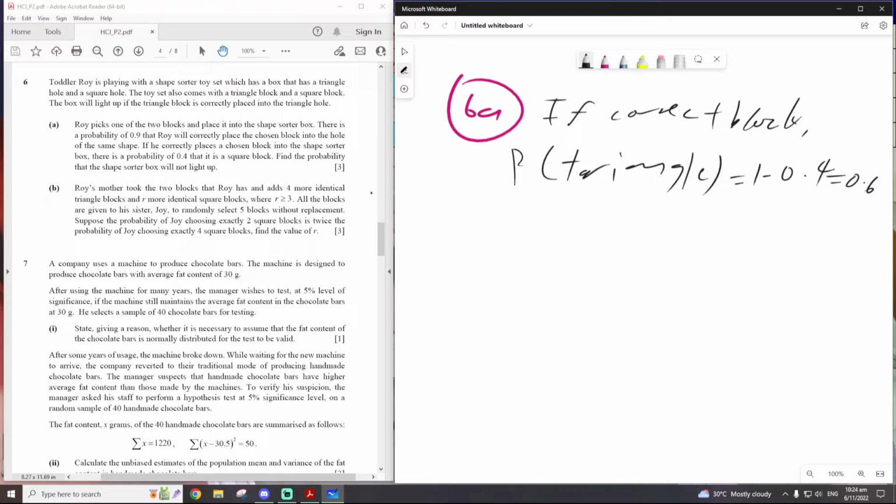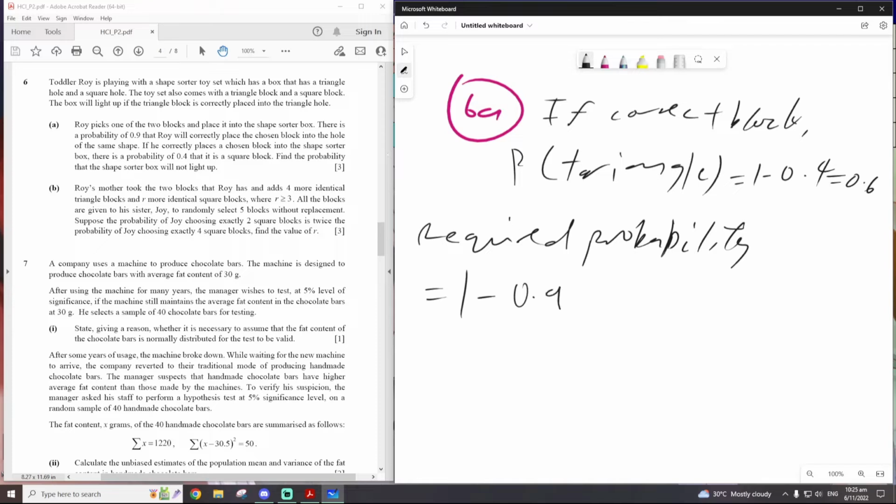So the required probability uses the complement method: 1 minus the probability that you do actually use a triangle, so 1 minus 0.9 times 0.6. This is 0.46, because 0.9 times 0.6 is 0.54.